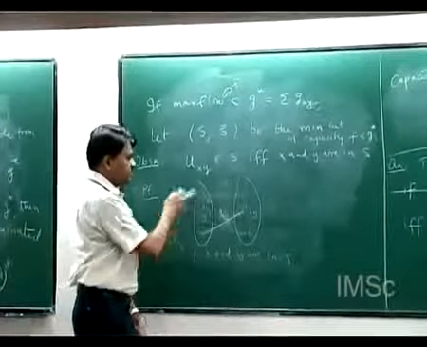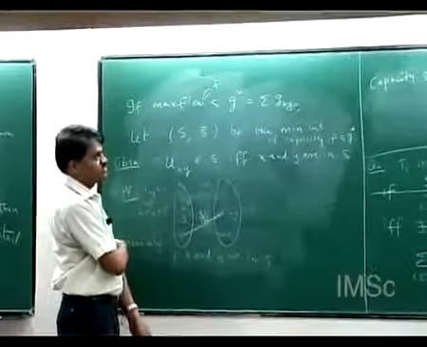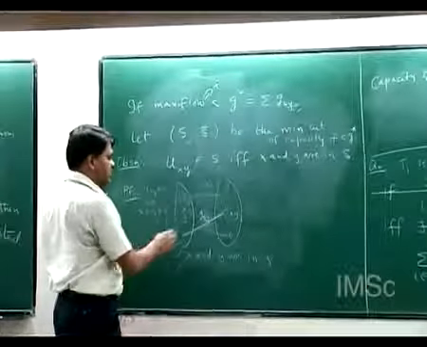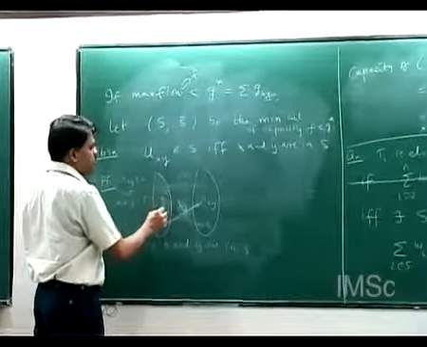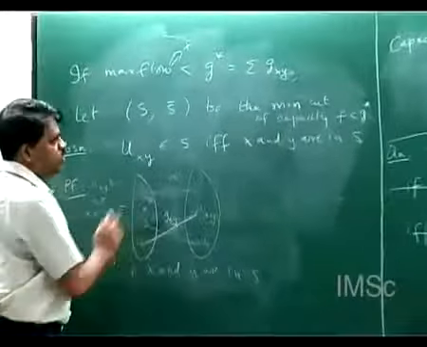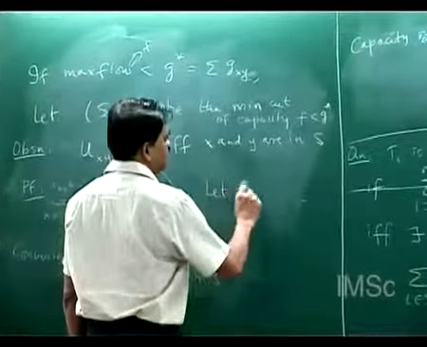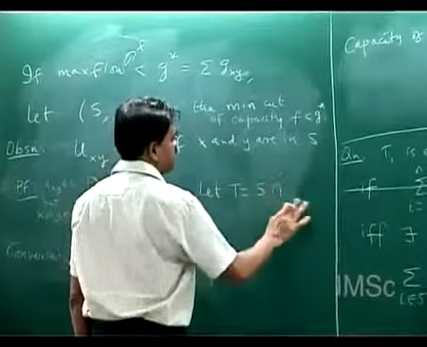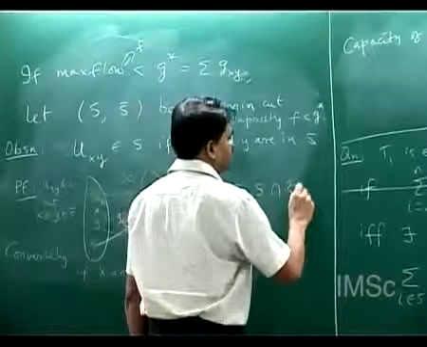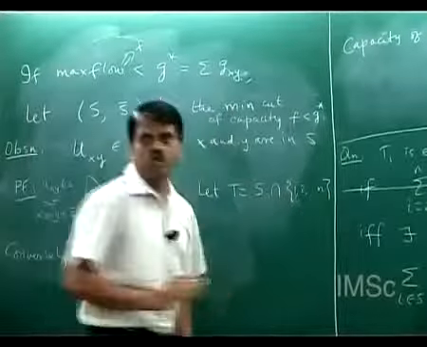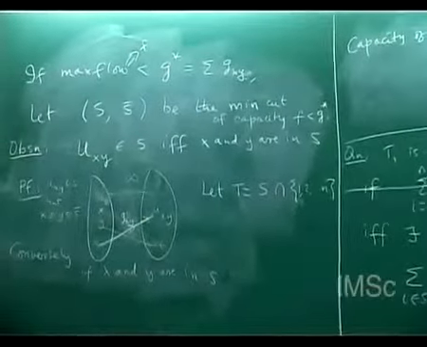This S contains what nodes of the form x, y and uxy. So I am going to let T equal to S intersection the teams. Okay, so let me make that different.